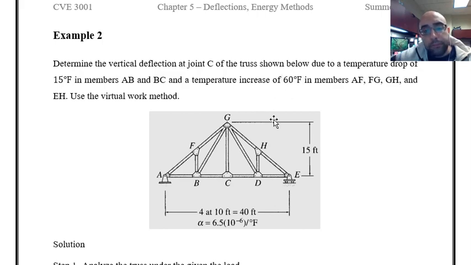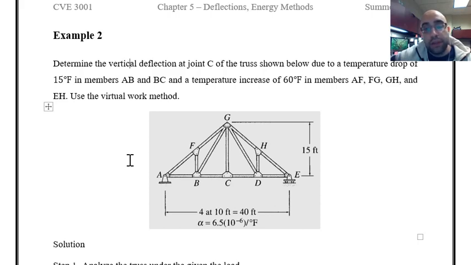So, as you can see in this specific problem, we have to use the virtual work method as the question is asking, and the type of loading that we have in this truss is not like previous situations where we had the forces applied to the joints.